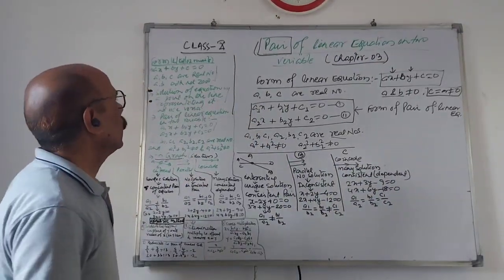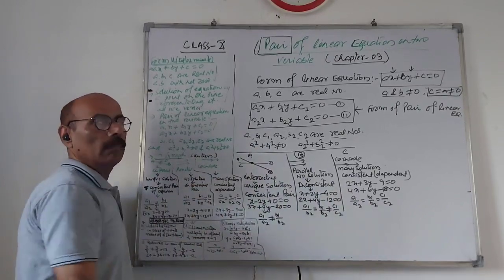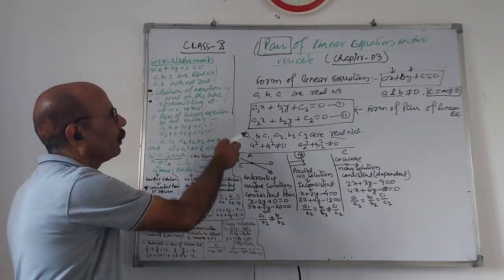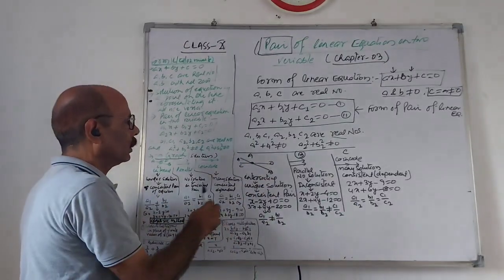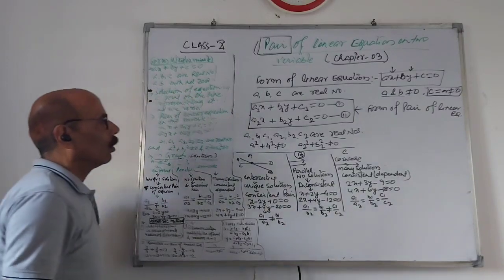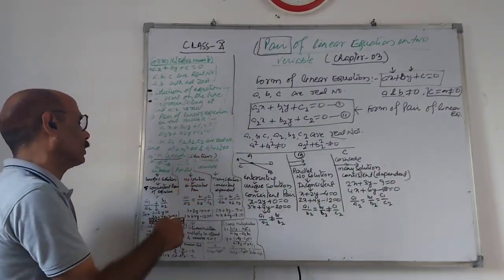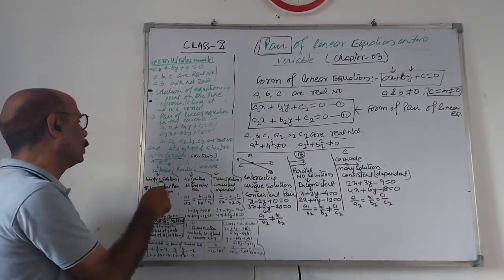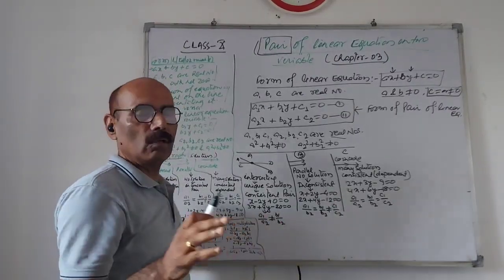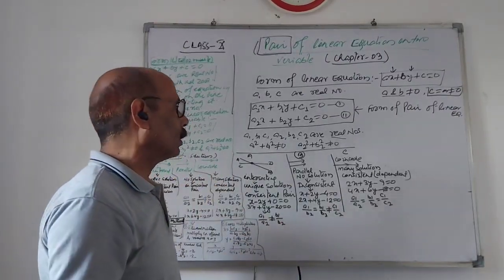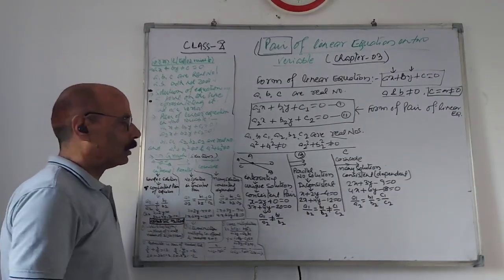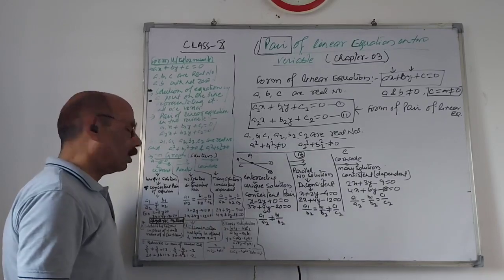Okay. So up to here we have discussed the graphical method of pair of linear equations, and the three types of solution. Now, if a pair of linear equations has a unique solution, meaning x and y each give one solution, then in how many ways can a common pair of linear equations be solved?